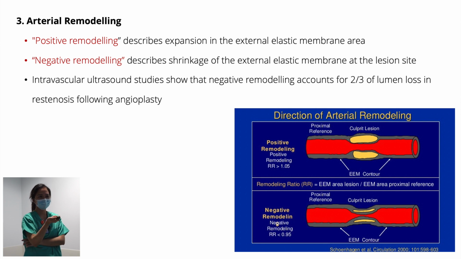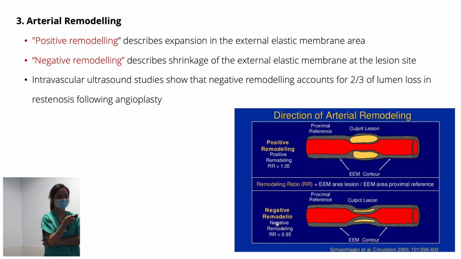That's why operators do IVUS for these cases. Intravascular ultrasound shows that negative remodeling accounts for 2/3 of lumen loss in restenosis following angioplasty. So IVUS guides them on the best step on how to go about this.